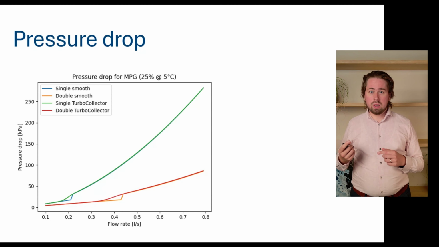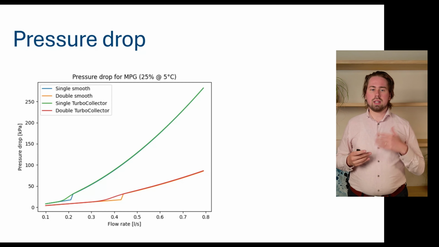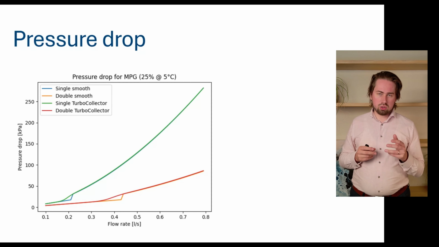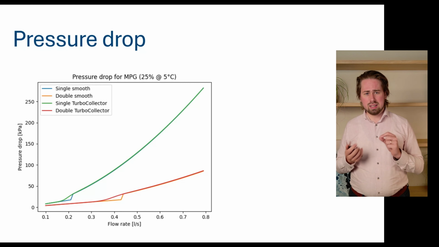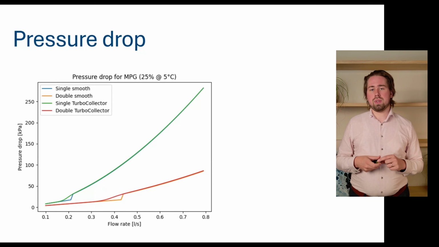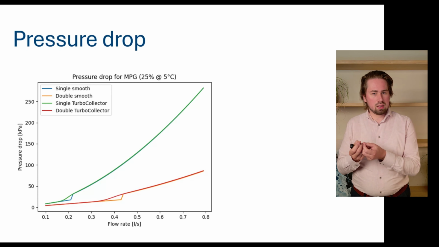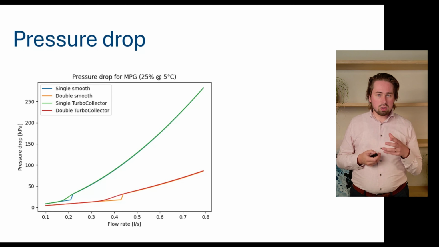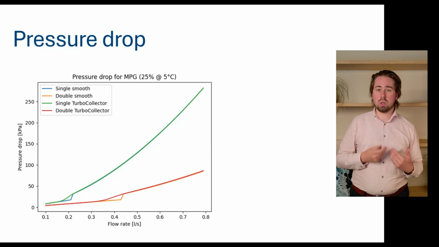Now if we take a look at the other side of the picture, the pressure drop, we see here again the single and the double. And what we also see is that the pressure drop in the TurboCollector, single and double, is more or less identical to the smooth probes. It's a little bit higher due to the fact that you have these fins, but it's barely noticeable on this scale. What is noticeable, however, is that the increase in pressure drop occurs at a lower flow rate.